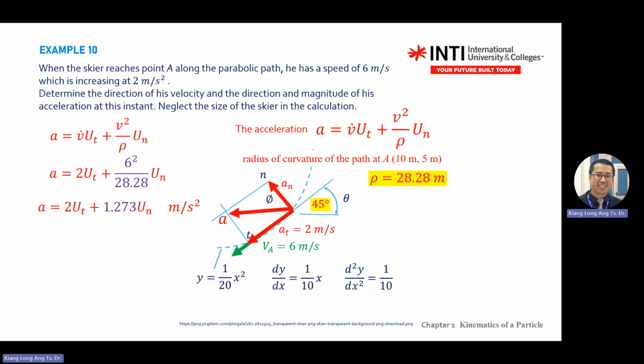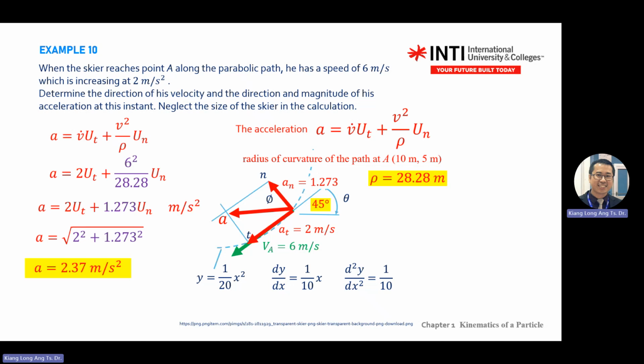How to find magnitude? Square this one plus square this one, square root. How to find angle? Angle is y over x. Now this is the angle you want to find, or you define it yourself. This question I'm using here. You can put it here if you want, but label clearly in your diagram.